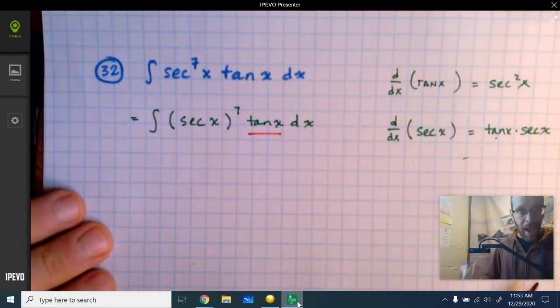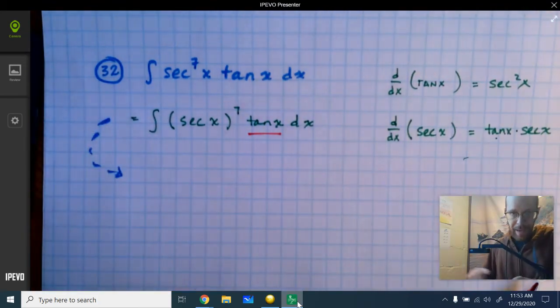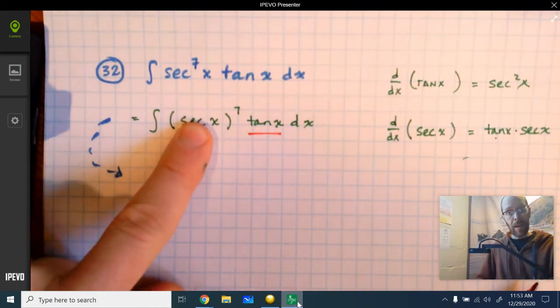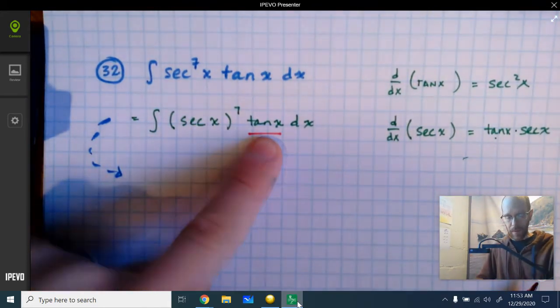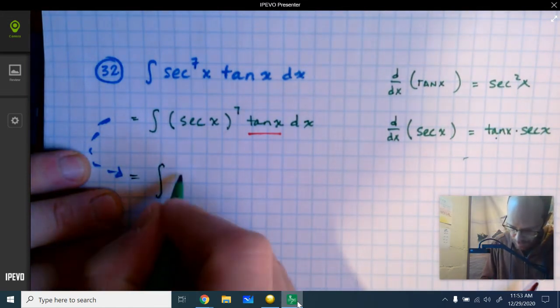So instead, what you're going to do is take one of these secants that are sitting right here on the inside and loan it to the outside function. In order to get an answer that works on this one, you have to do it this way.